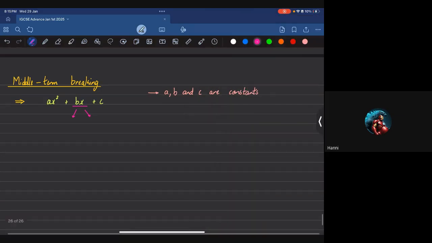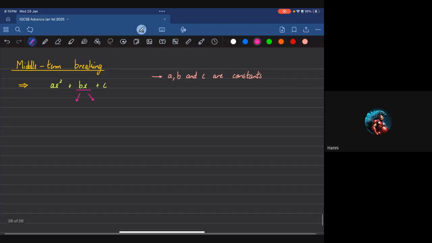You're going to break down bx into two such numbers, let's say mx and nx, such that if these numbers are added or subtracted together, they form bx again. Clear? You have to break down the middle term into two such numbers that if they're added or subtracted, they make the middle term again.